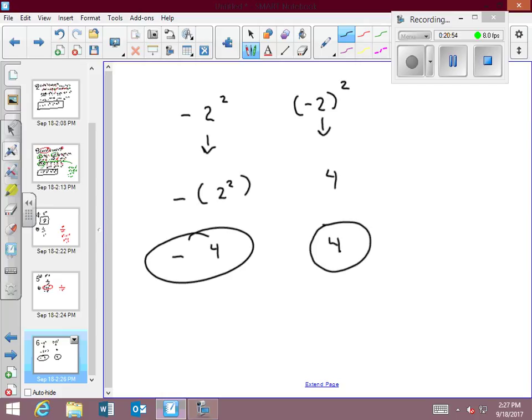Does that make sense? It makes no difference when you're odd powering things, because then it's always negative, right? But when you're even powering things, you better make sure that it is bracketed or not bracketed. That's what I'm trying to show you.